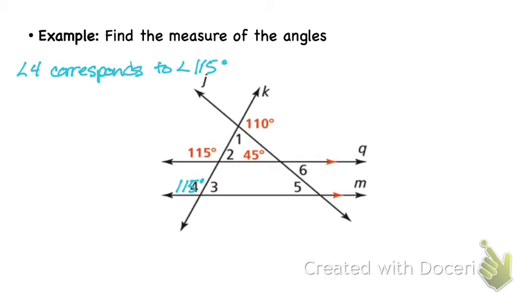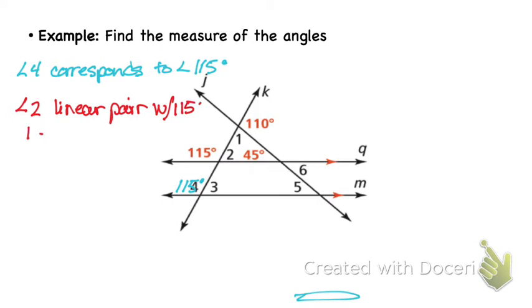Okay, I could slide this down to here and it'd be the same place because I have two parallel lines. I know angle 2 is a linear pair with 115.